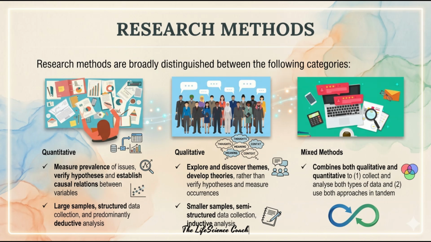It is used to measure the prevalence of issues, verify hypotheses, and establish relationships between variables. This method usually involves large sample sizes, structured data collection techniques such as surveys and experiments, and follows a deductive approach where theories are tested using measurable evidence.